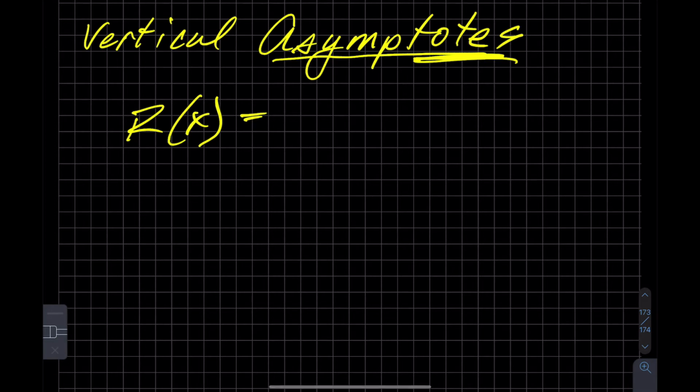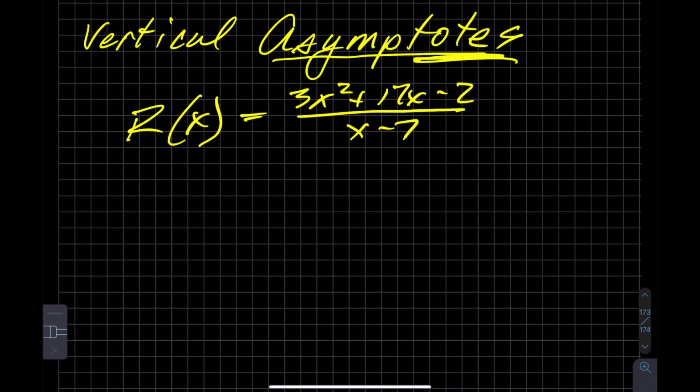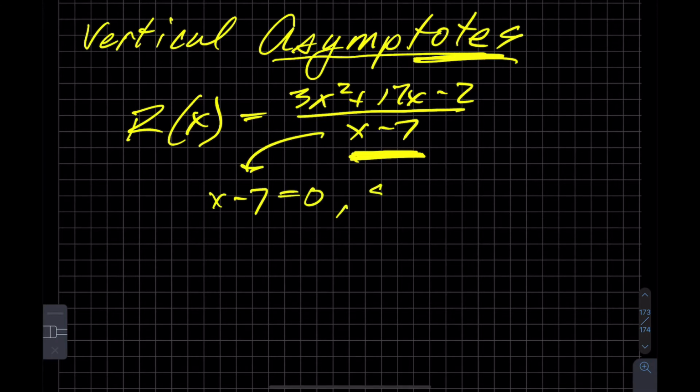So again, if I have this P over Q, I could have something like this, 3x squared plus 17x minus 2 over x minus 7. And so a vertical asymptote will occur when this denominator goes to 0. Why is that? Well, if I take the denominator and set it equal to 0, and then solve, I get x equals 7.